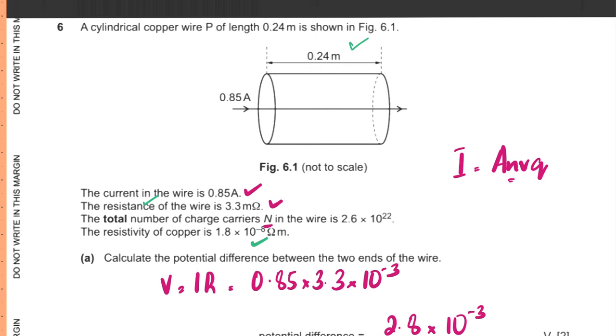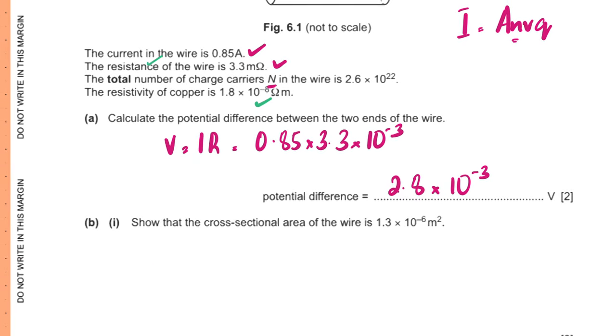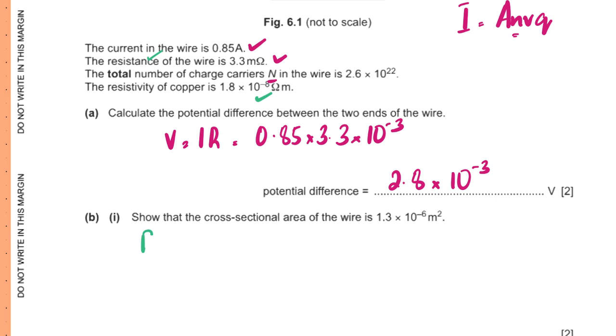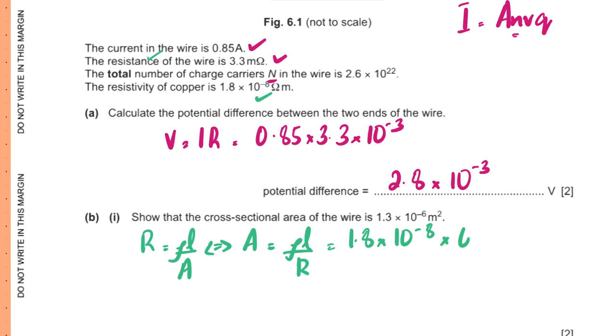We use the formula R equals rho L over A. So A is rho L over R. Rho is 1.8 into 10 to the negative 8, L is 0.24 and R is 3.3 milli. From this, I'll just find out what A is, and this turns out to be this, corrected to SF.